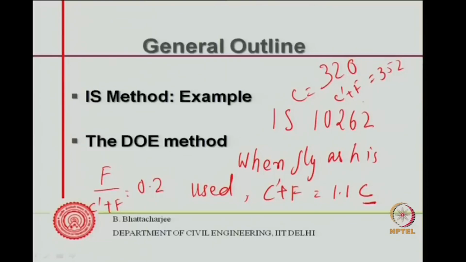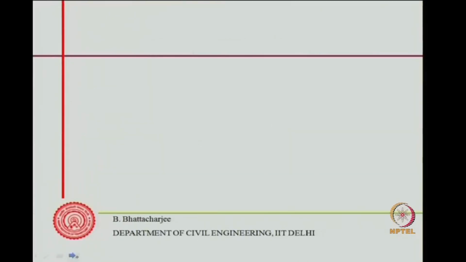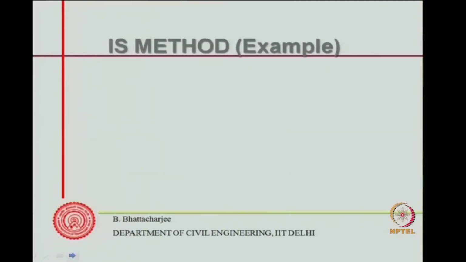So, right now we will look into an example using the IS method. We are choosing an M25 grade of concrete, all right.